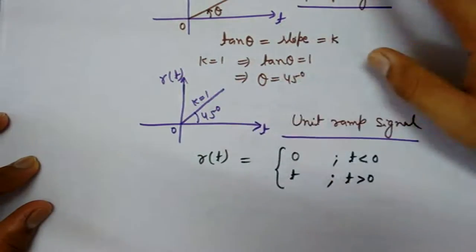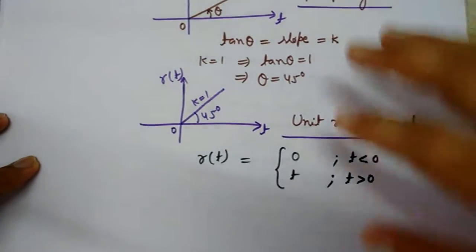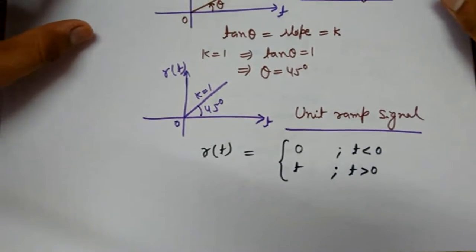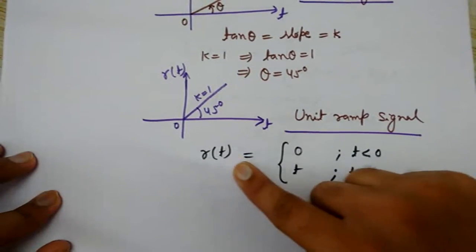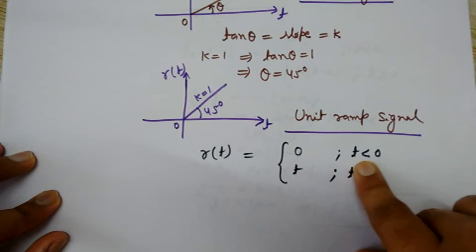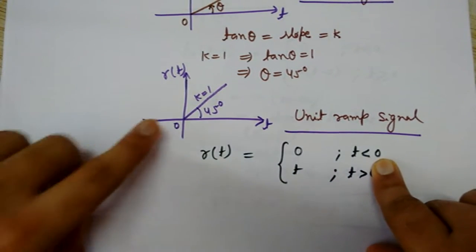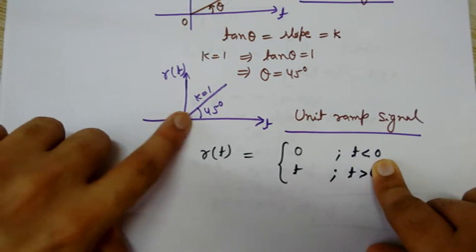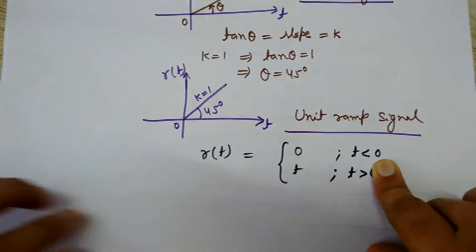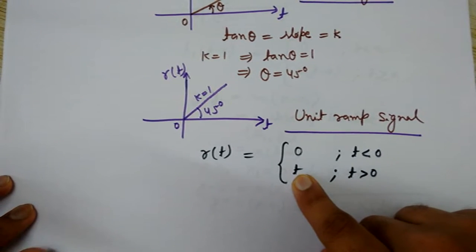So it is written as r(t). We can see by its mathematical form that r(t), the unit ramp signal, is equal to 0 for values of t less than 0. As you can see here, it has 0 value for negative values of t, and its value is t for t greater than 0.